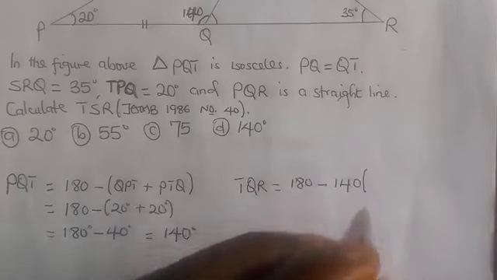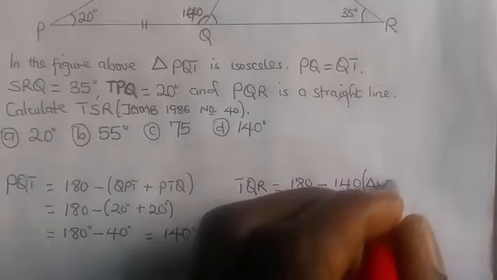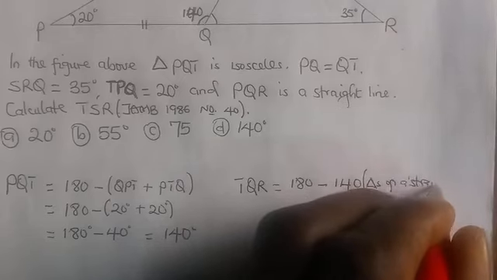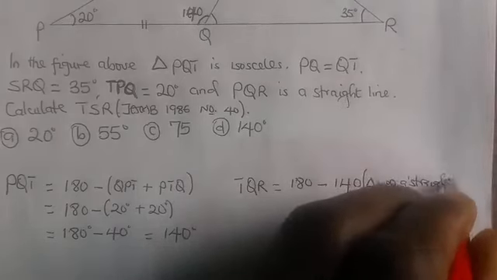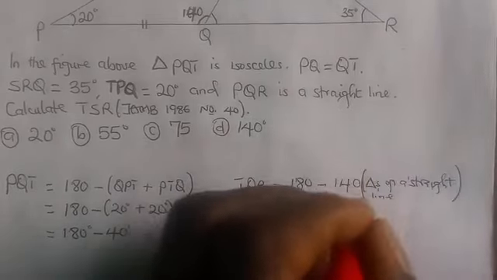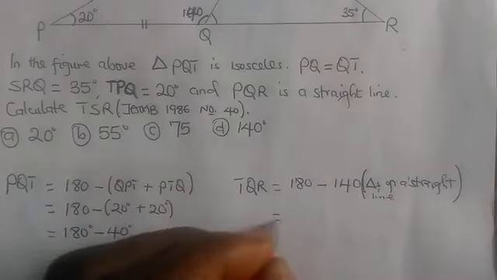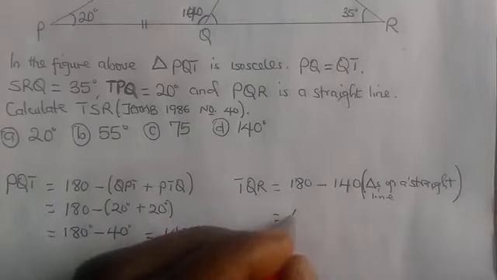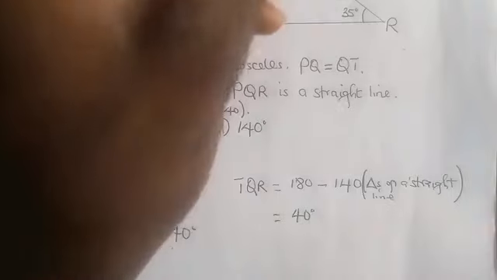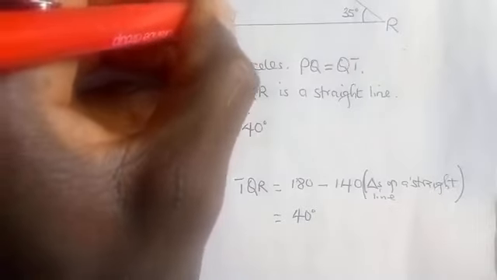What's the reason? Angles on a straight line. So 180 minus 140, we have 40 degrees, implying that TQR is equal to 40 degrees.